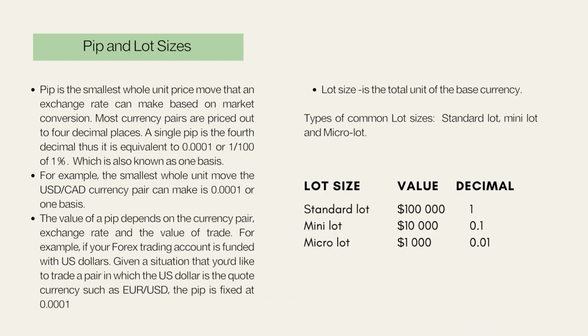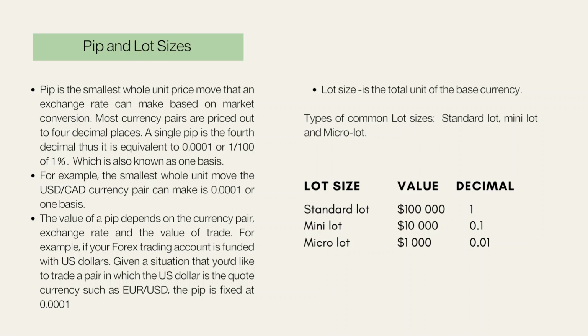If the euro increases, let's say by 10 pips, we multiply 10 pips by 0.0001 to find the value of 10 pips. Bringing us to what is known as lot sizes.